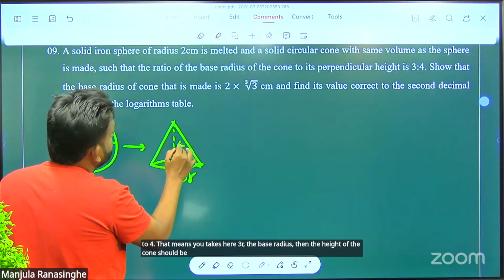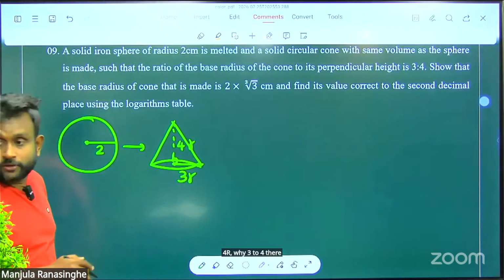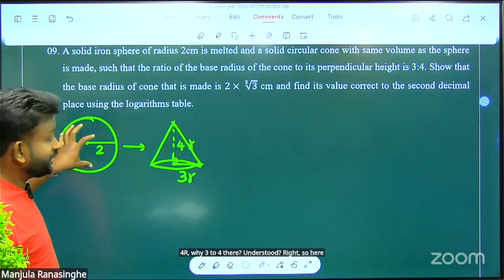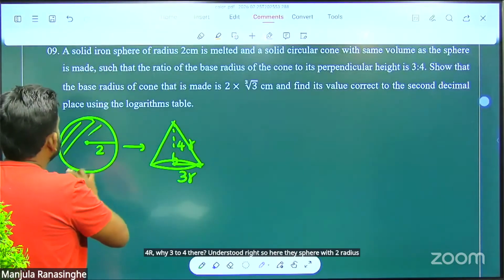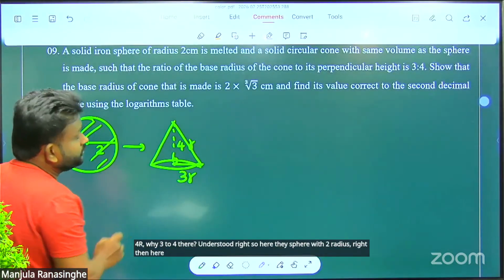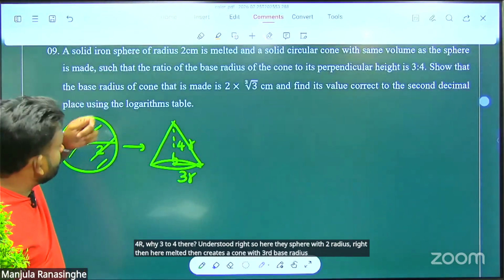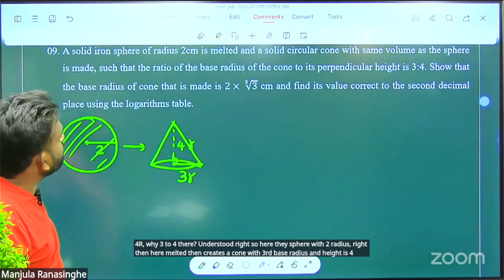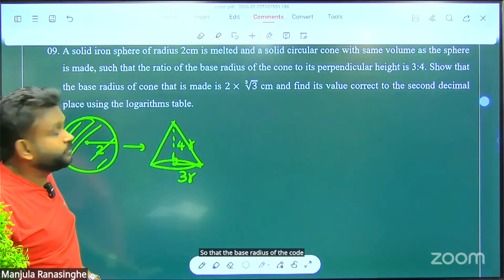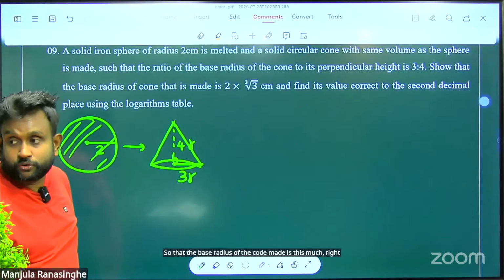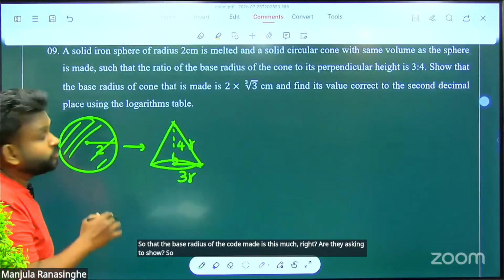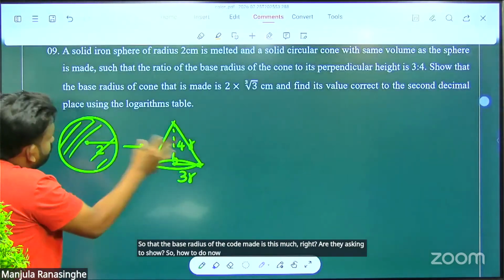Understood? So the sphere with radius 2 is melted and creates a cone with base radius 3r and height 4r. They ask us to show the base radius of the cone. So we make the volumes of these two equal.